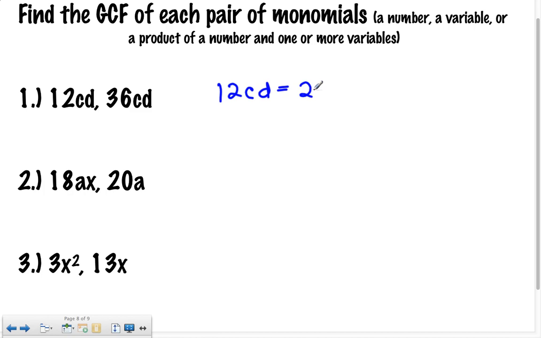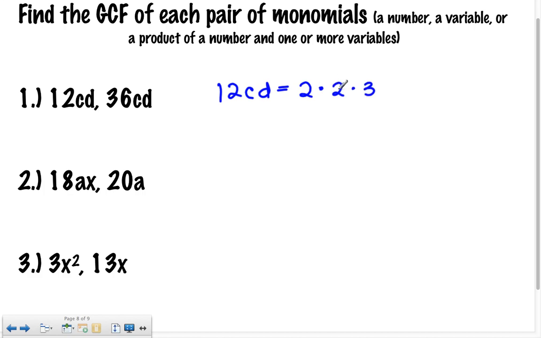So prime, remember, is a number that can only be divisible by 1 and itself. So 2 is a prime number, 5 is a prime number, 7 is a prime number, and so on. So in order to multiply to be 12, 2 times 6 multiplies to be 12, but 6 needs to be broken down into 2 prime numbers, which is 2 and 3.